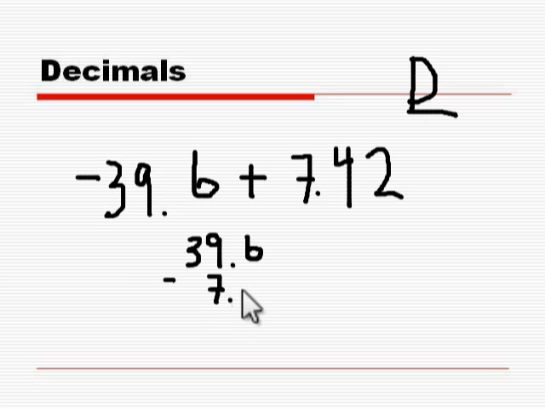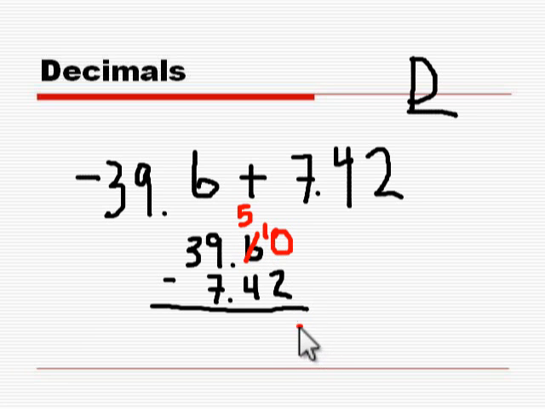I have to remember to line up the decimal points and to line up all the subsequent place values. So now in order to subtract this, I'm going to need to add a 0 in the top number. Then I'm going to have to borrow. That makes this 10. 10 minus 2 is 8. 5 minus 4 is 1. 9 minus 7 is 2.